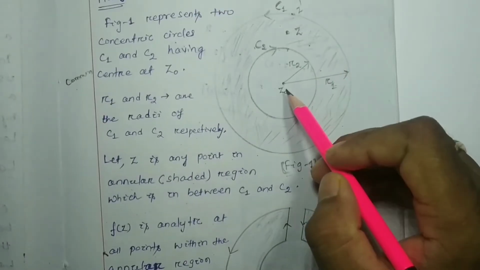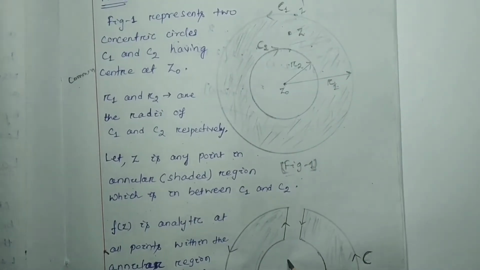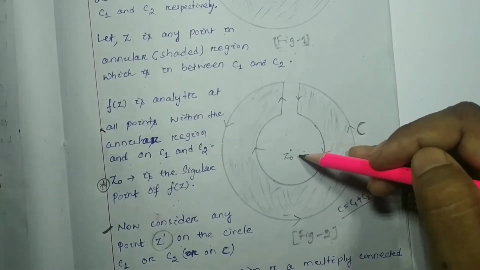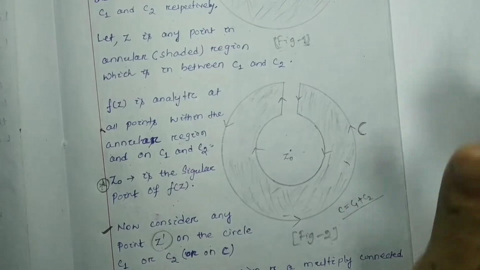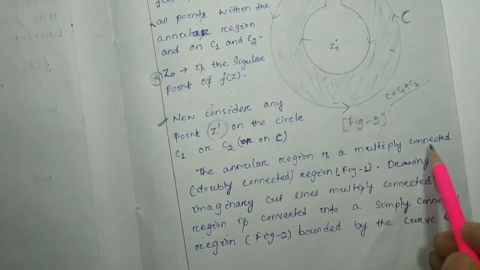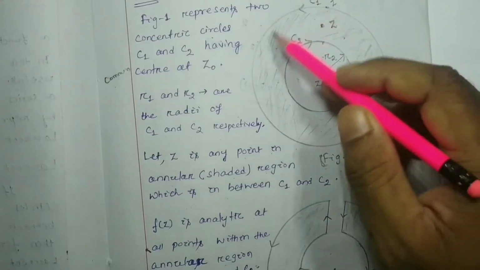This is a doubly connected region, which is transformed into a simply connected region with the help of the cross cuts. The annular region in your figure 1 is a multiply connected, or doubly connected, region.